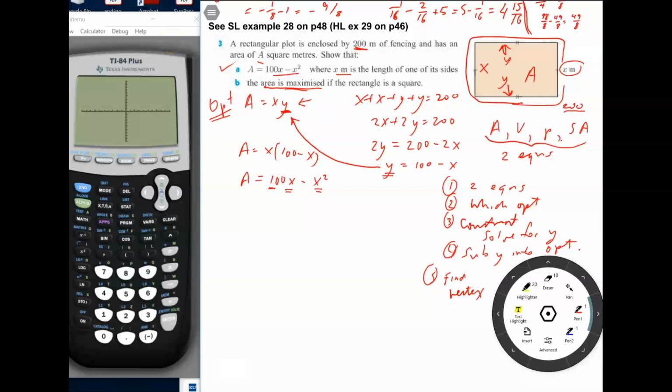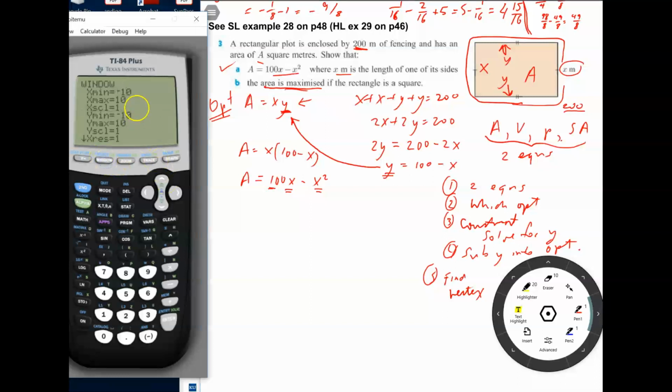So actually negative 10 to 10 is not the right dimension, right? x might be as big as 200, right? So the first thing I'm going to do is change the x values. I know that x is not going to be negative, so I just put 0 as the smallest x value. And the largest possible x value is like 200, although it's not going to be that big. Otherwise, we just have a fence where the horses will be able to get out.